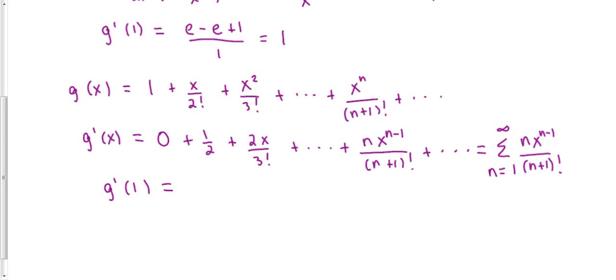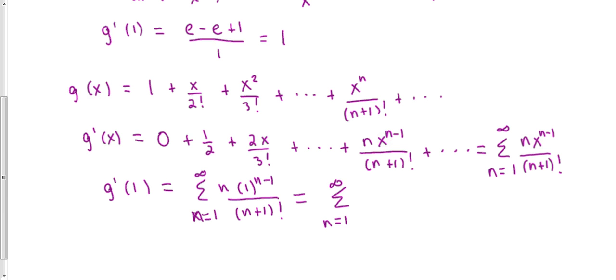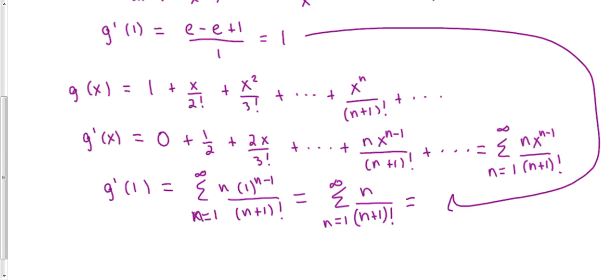So when I substitute in x equals 1, I'm still going to have my summation here from n equals 1 to infinity, and I'm going to have n times 1 to the n minus 1 divided by (n plus 1) factorial, and that's going to give me the summation from n equals 1 to infinity of n over (n plus 1) factorial. And because of what I proved up here, that's going to be equal to 1, and that is the expression that we were supposed to show.